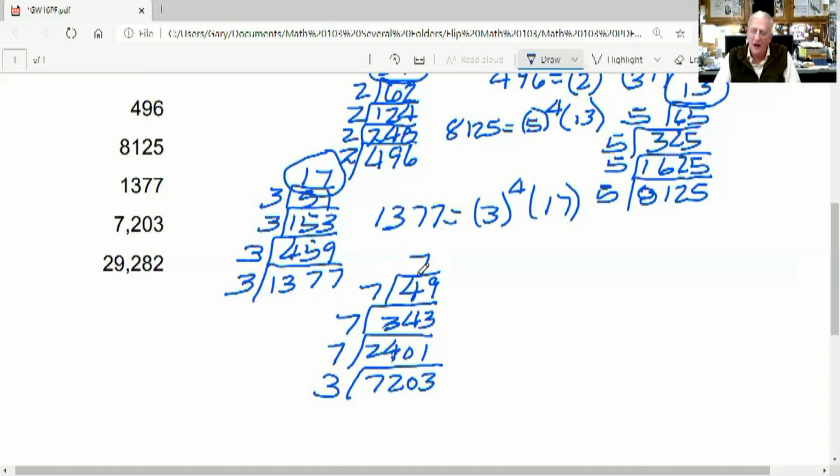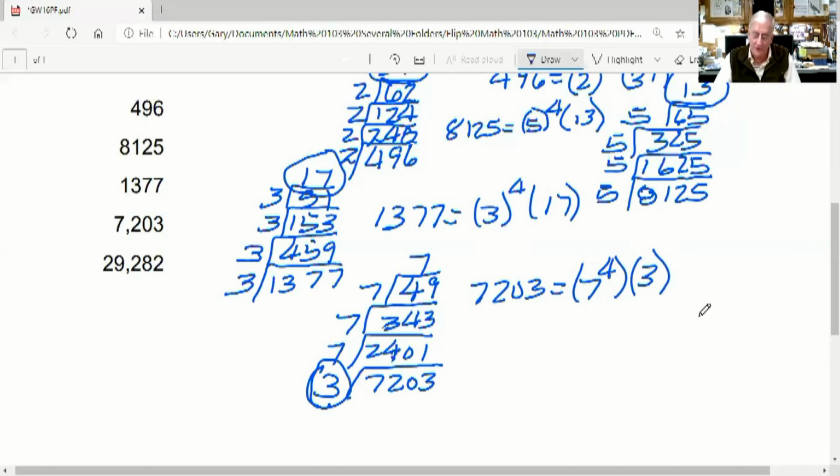Okay, so the number we're looking for, that's the single digit in the prime factorization, in this case is a 3. And we can write the prime factorization of 7203 as what? 7 to the 4th power times 3.